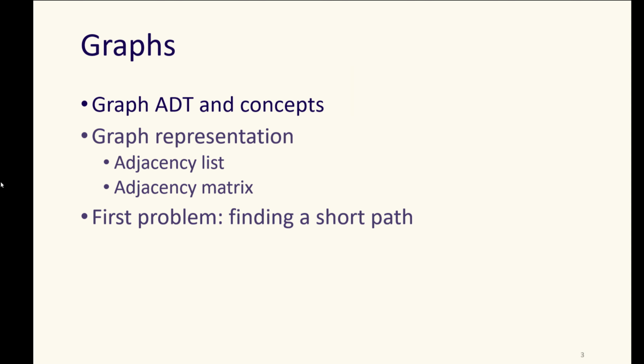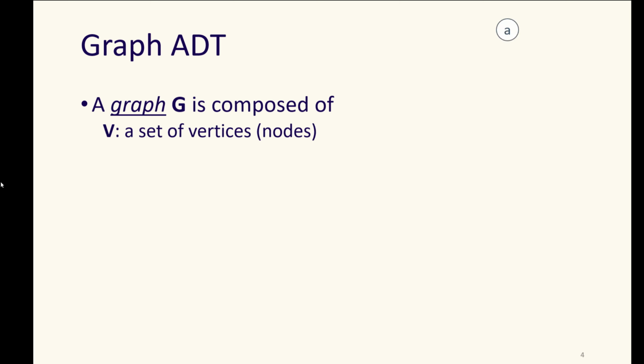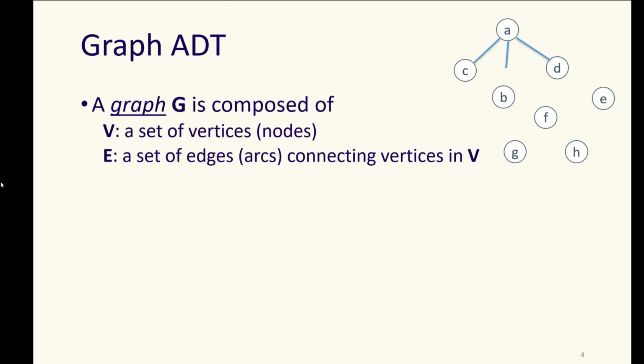So we'll talk about the graph abstract data type, and then we'll get into some of the representations and a little bit of problems with them. To define, a graph G is composed of vertices, or nodes, if we think more in the tree-like language. I like to call them nodes as well, but a theoretical setting will typically call them vertices.